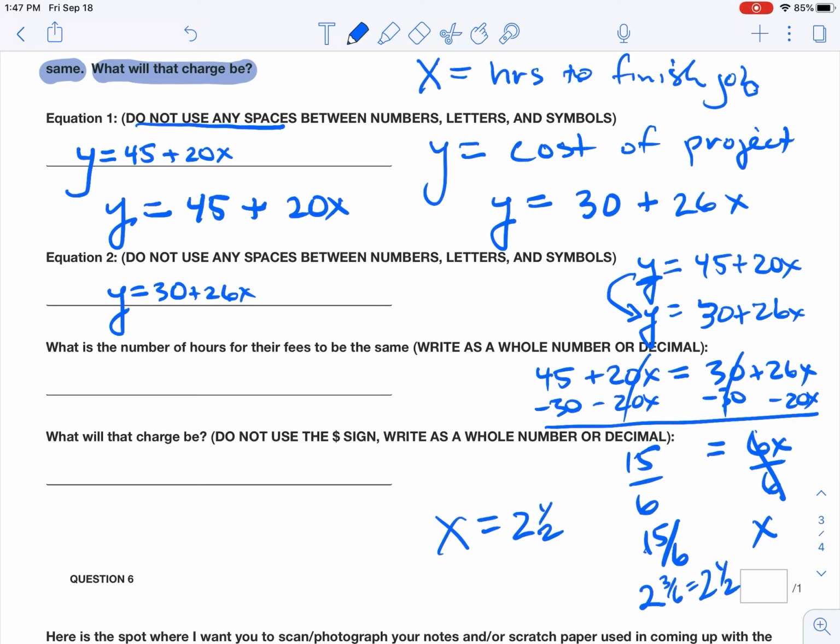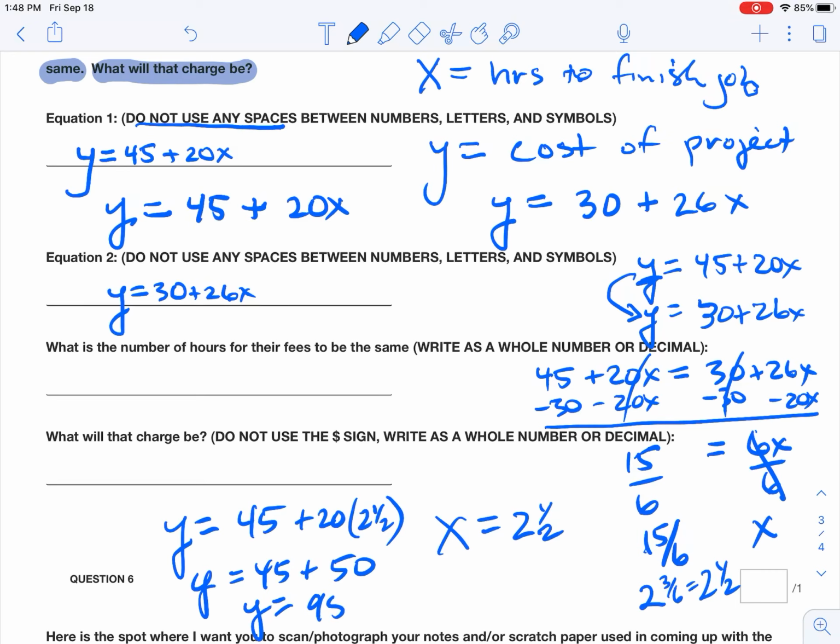Now, in order to find Y, I just have to plug it back in. I could take either of those equations and I'm going to get the same number. So I will do Y equals 45 plus 20 times 2.5. 2.5 times 20 is 50, plus 45 equals Y. So Y equals 95.